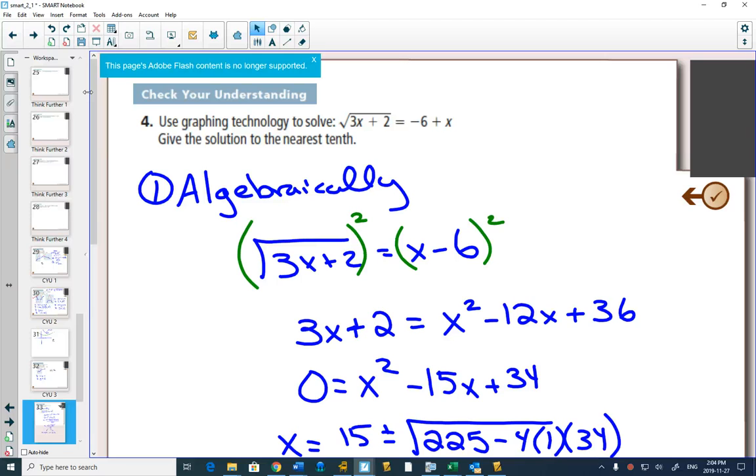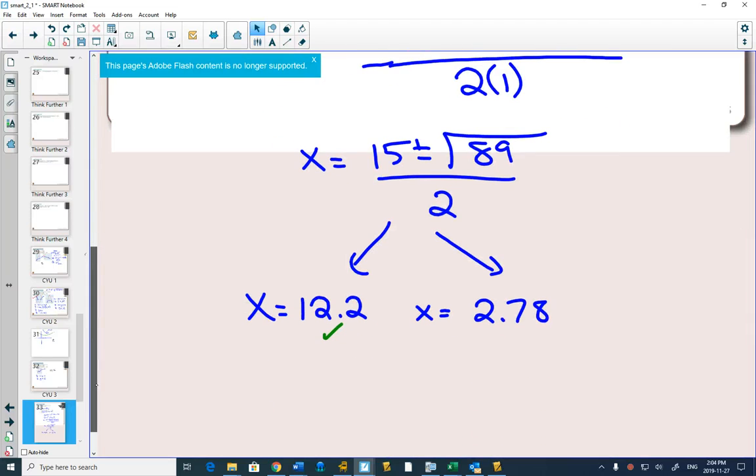So if I put in 2.78 on the left-hand side, I'm going to get square root of close to 11, and that's going to give me a positive number. But if I plug in 2.78 on the right-hand side, negative 6 plus 2.78 will be a negative number. A positive number never equals a negative number. And so, algebraically, I know this one doesn't work.